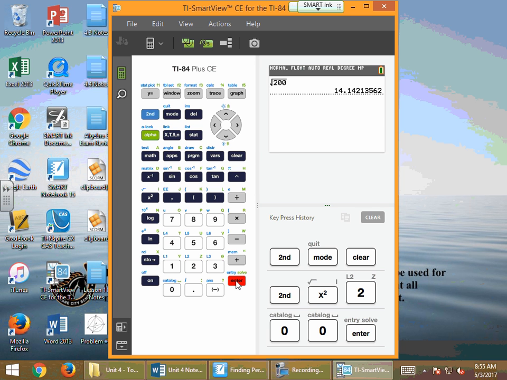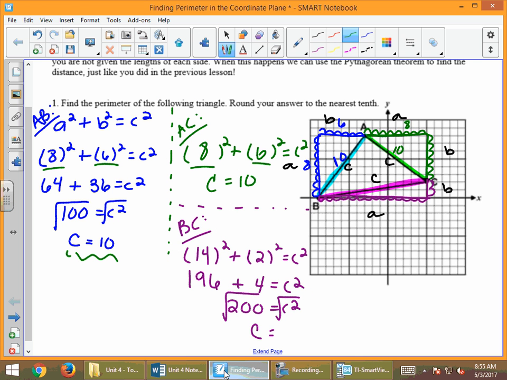So this 4, in the hundredths place, is less than 5, so we'll just keep that 1 a 1. So the distance of this side is about 14.1. Label this with 14.1, and we got that this side was 10.